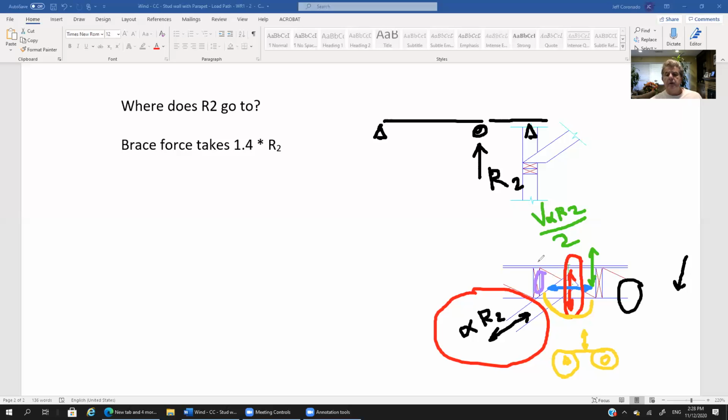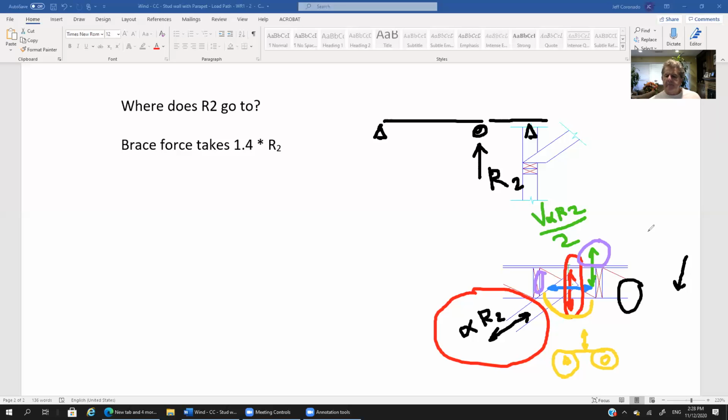And once we get the load into the rafters, I don't know that I want to go much past this. You do need to keep in mind, if that rafter has uplift, when the brace acts in such a way as it pulls the rafter up, depending on how much dead load there is resisting that uplift, we may need to provide upward resistance of the rafter at each end.